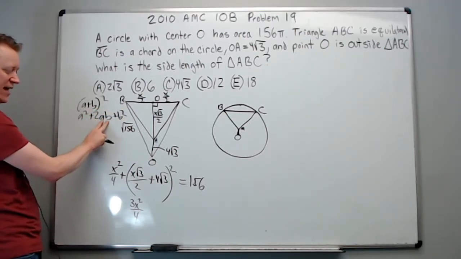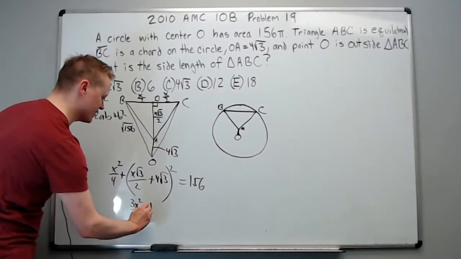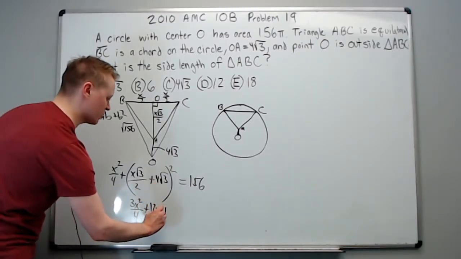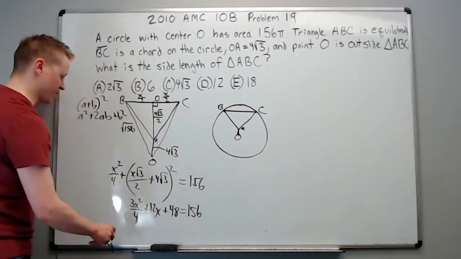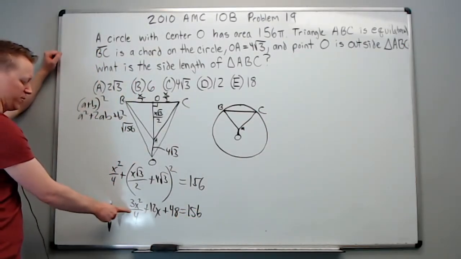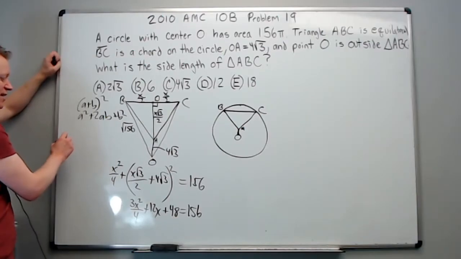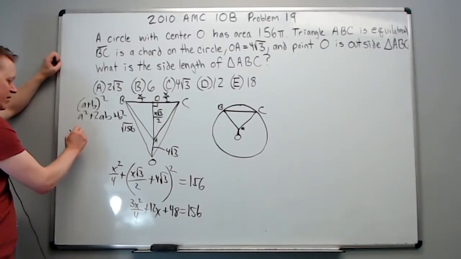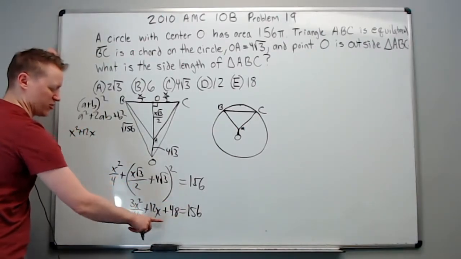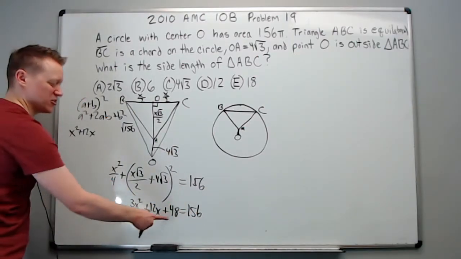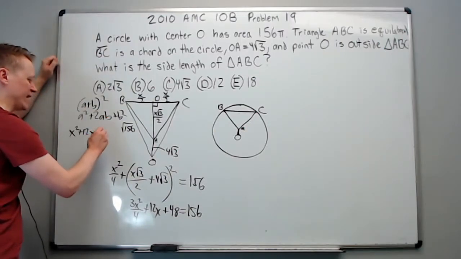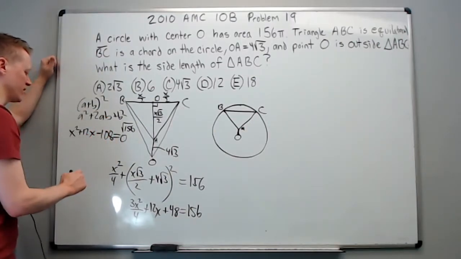So we're doubling the ab product to get 12x. And then the last term squared, as we said, is 48. So then from here you will add the x squared over 4 plus 3x squared over 4 to just get x squared plus 12x. If I subtract 48 from 156, I get 108. So if I do it the other way, I will get negative 108 equals 0.